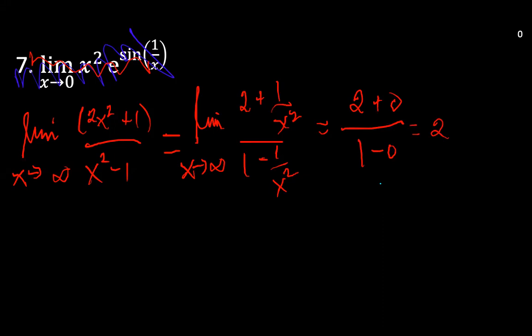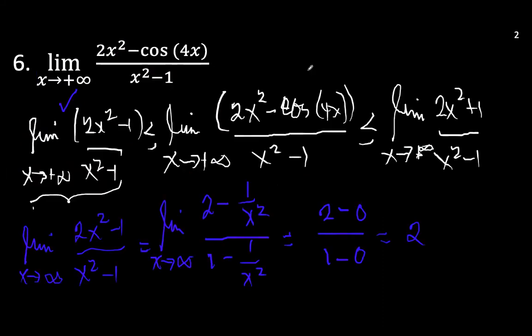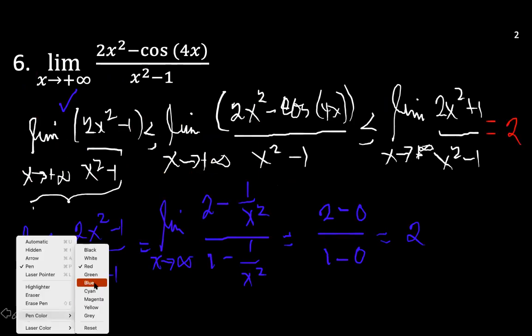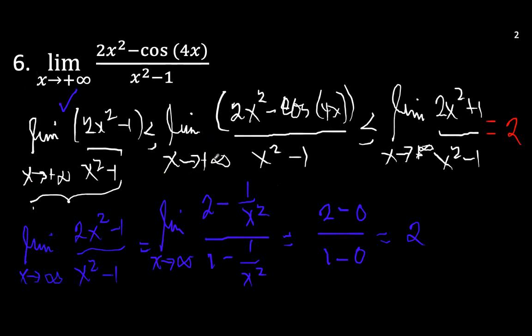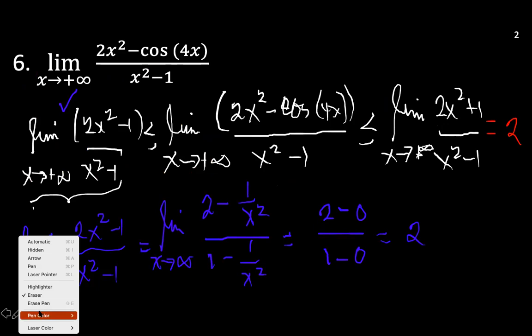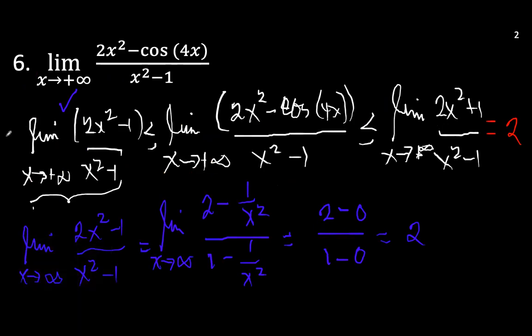Now let's go back. The value on the right-hand side is equal to 2, and the value on the left-hand side is equal to 2 as well. So the two values are equal.